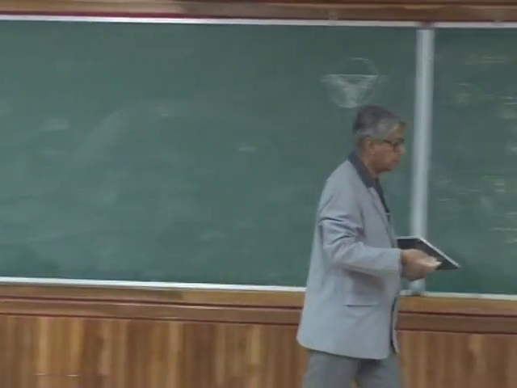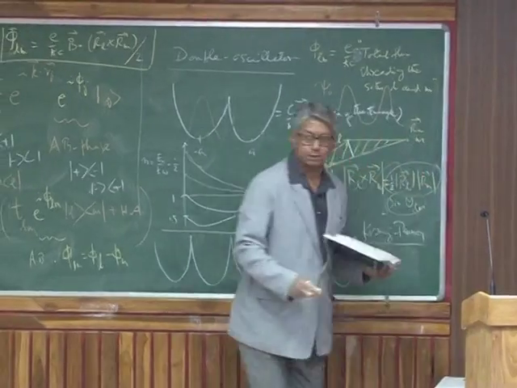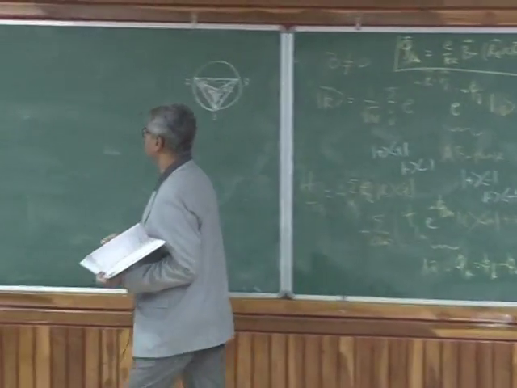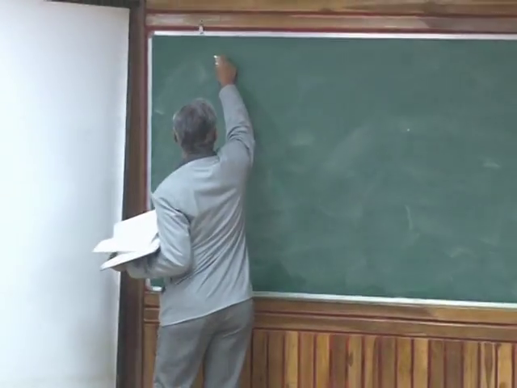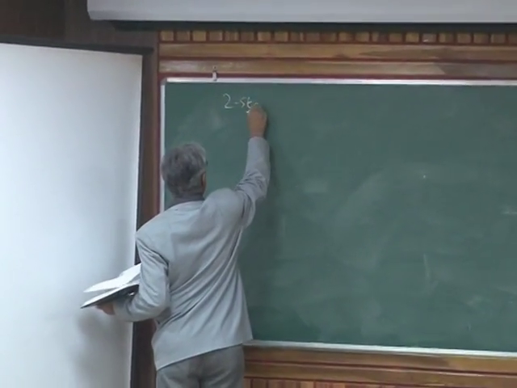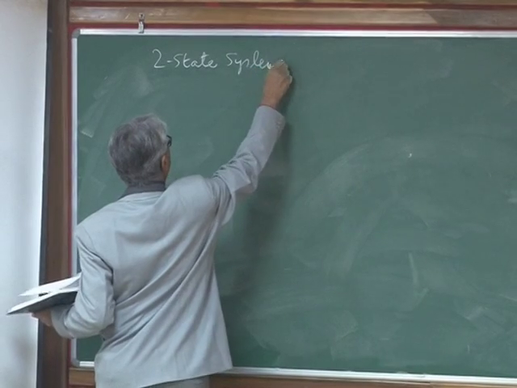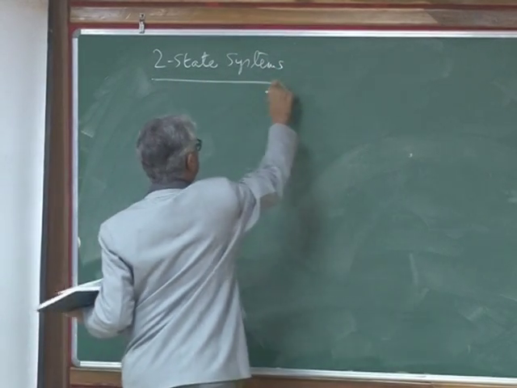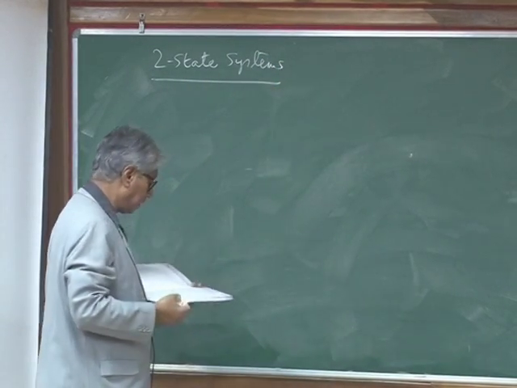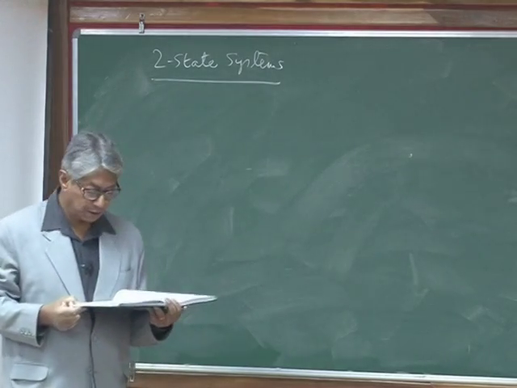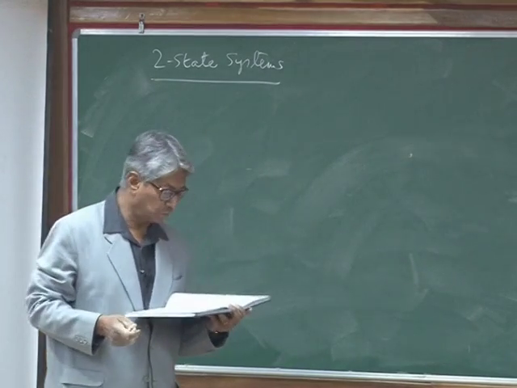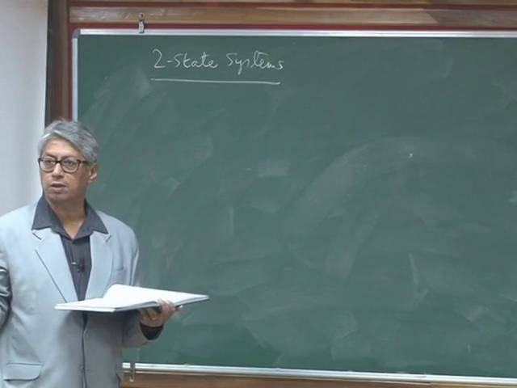Already, simple two-state systems have cropped up in much of our discussions. If you understand the physics of two-state systems, well, at least as far as I am concerned, I have to understand the simplest thing first. Where do two-state systems occur?